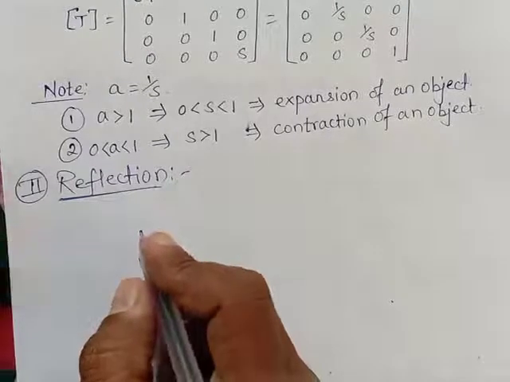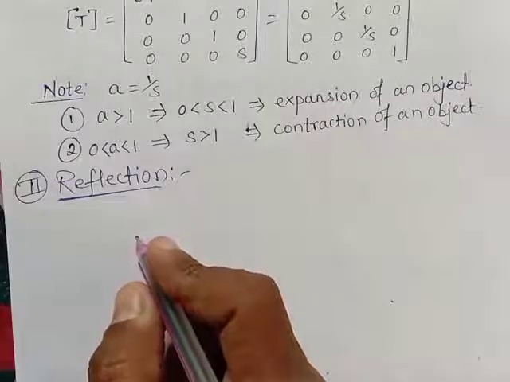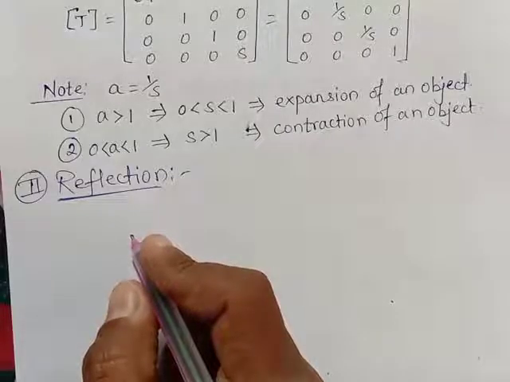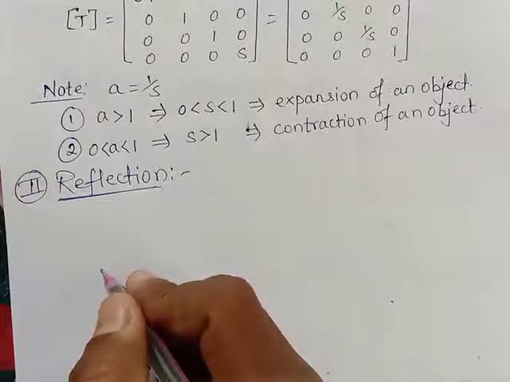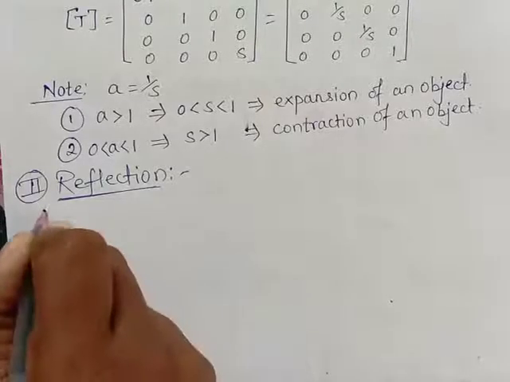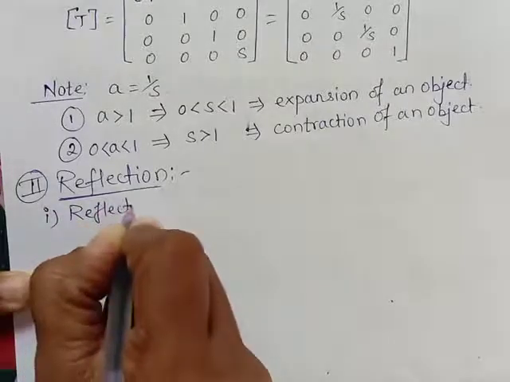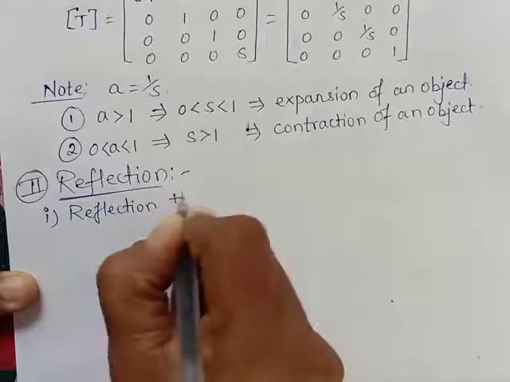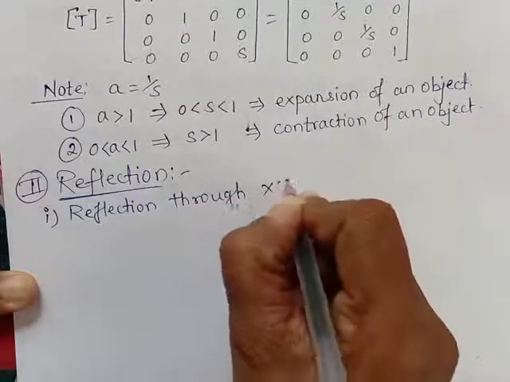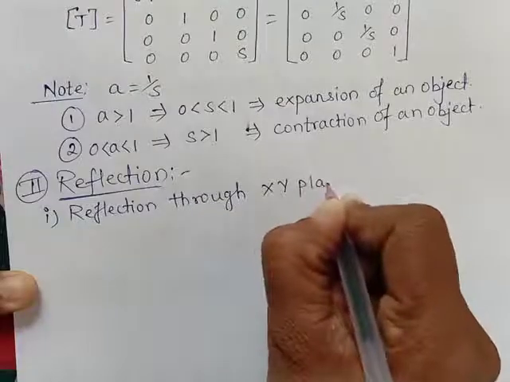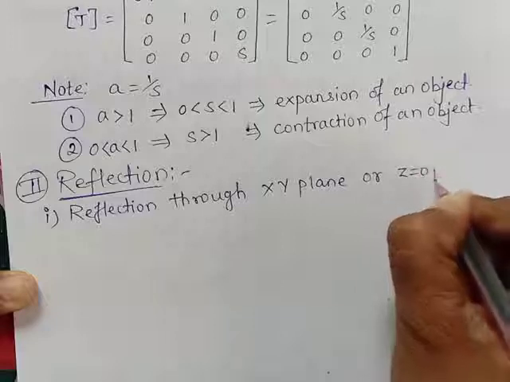So here, reflection: basically the standard reflections are through the coordinate planes. So let us write the transformation matrices for reflection through each plane. First, reflection through the xy plane, or z equal to 0 plane.